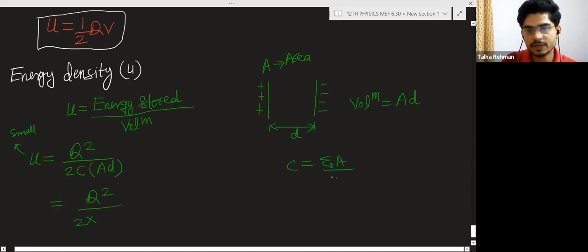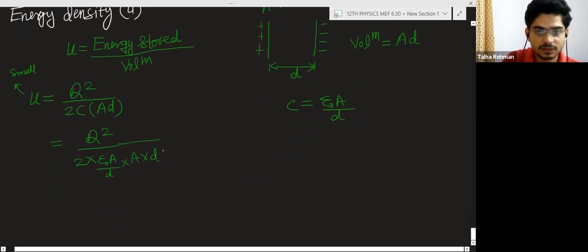Epsilon naught A by D. So instead of C, I am writing epsilon naught A divided by D, and this is AD. From here, D and D get cancelled out, and we have Q square by 2, and this will become 2A square.